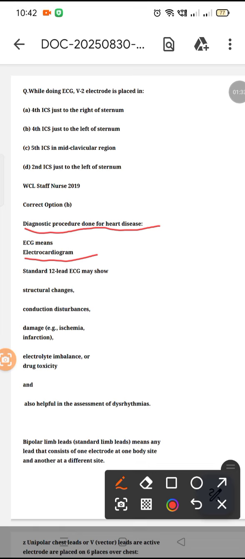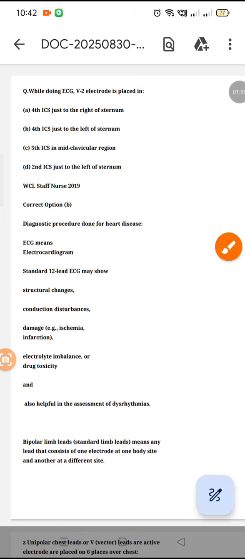A 12 lead ECG will show structural changes. If there are any structural changes, like the aorta, the placement will be on the right side. If it is the pulmonary arteries or pulmonary veins, the placement will be on the left side. So structural changes will also be shown.